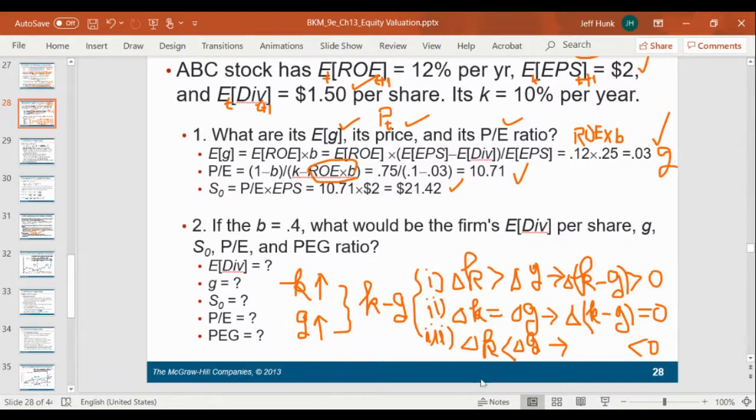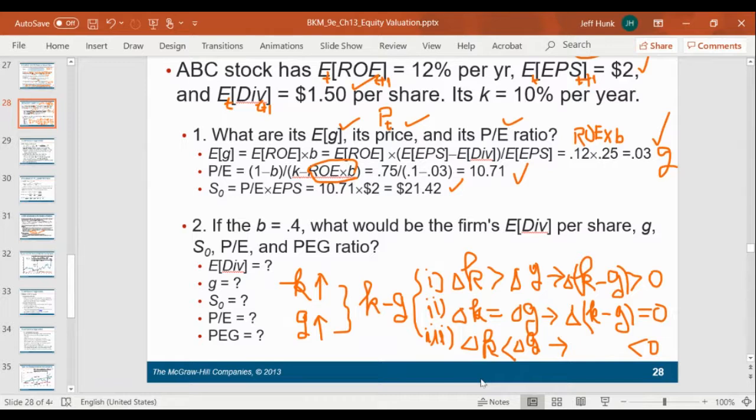Why? Because no investor would demand a required return less than the growth rate.